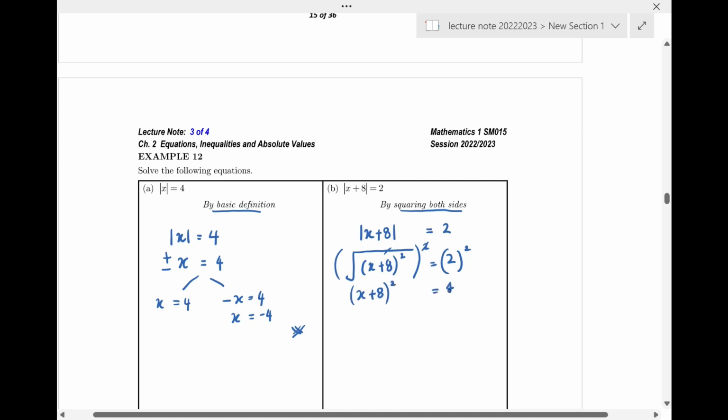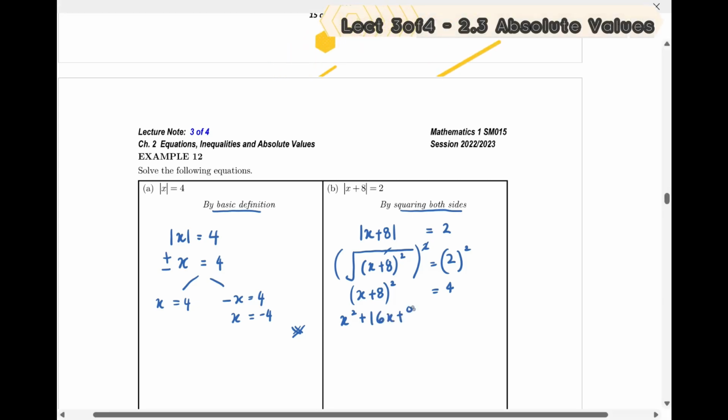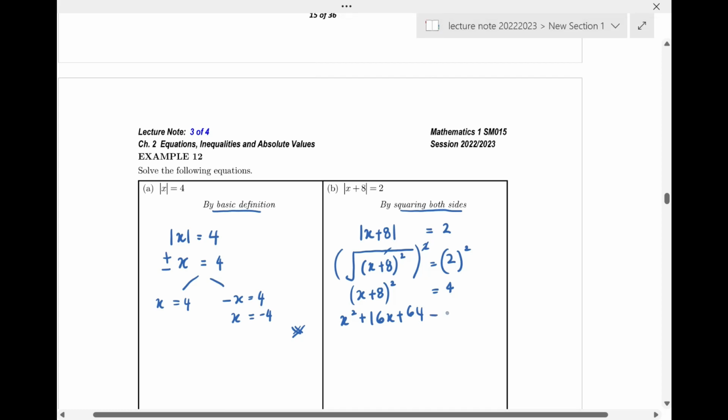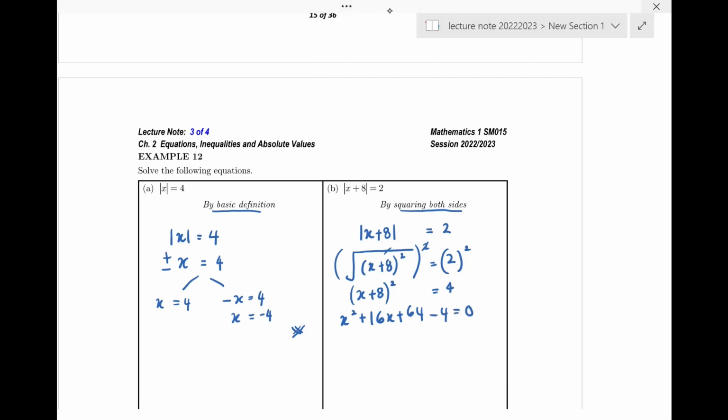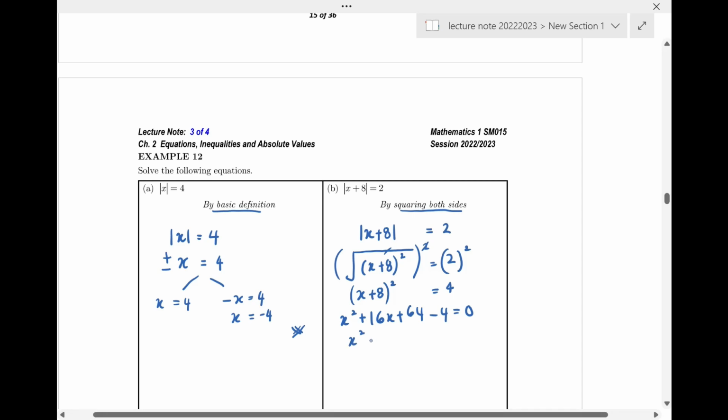So for the left side, we need to expand it. We will have x squared plus 16x plus 64, and then minus the 4 equals 0. So x squared plus 16x plus 60 equals 0.